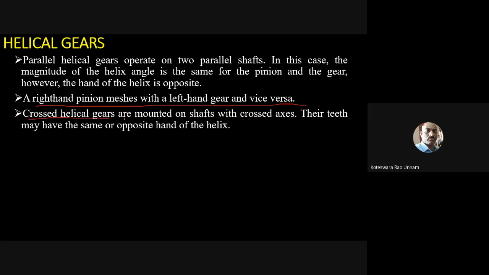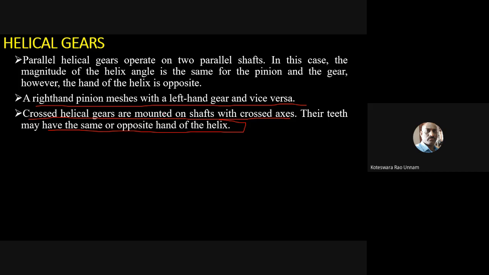Crossed helical gears are mounted on shafts with crossed axes. So when the shaft axes intersect, and you want to mount helical gears on those two axes, we'll call them crossed helical gears. Their teeth may have the same or opposite hand of helix.